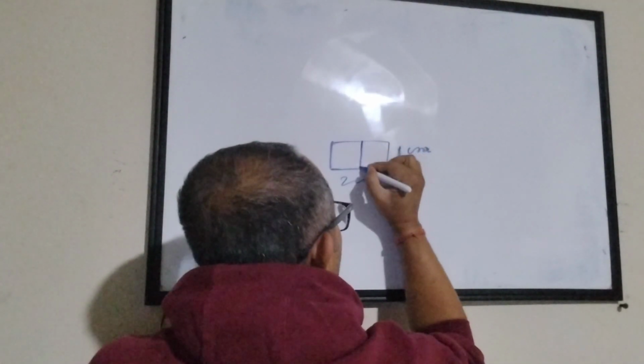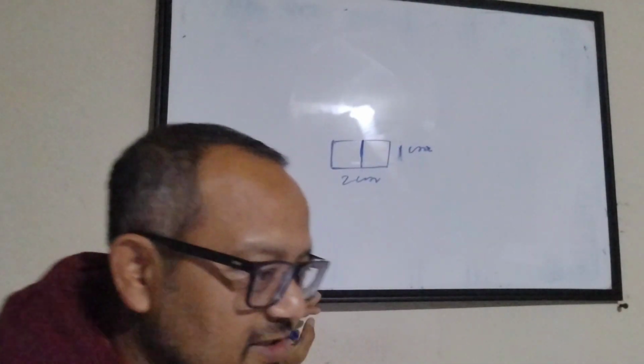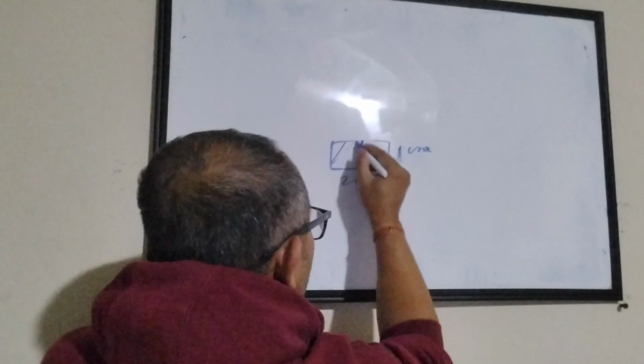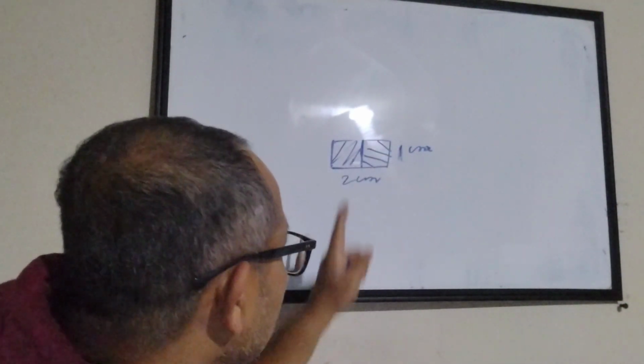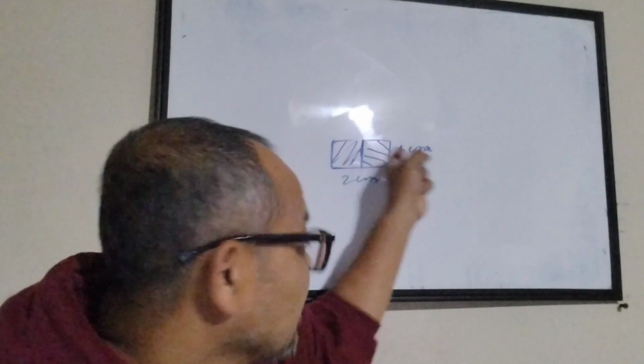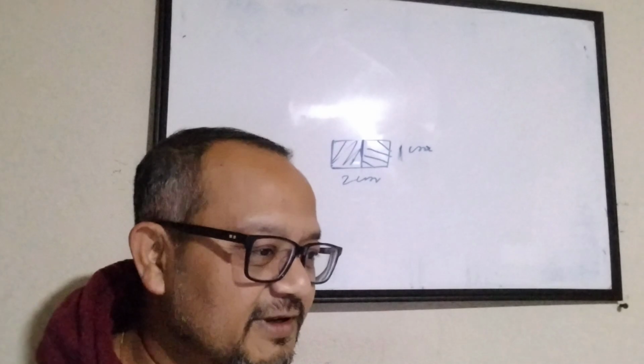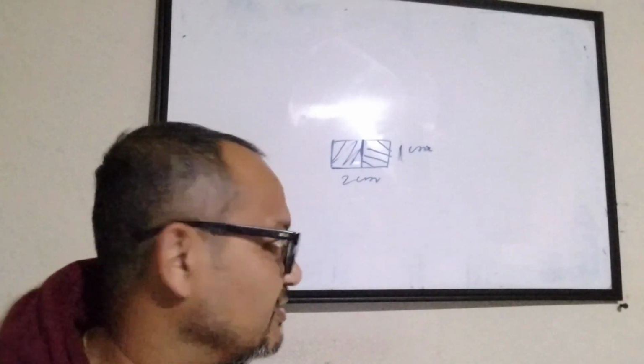Let me break this into two equal parts. Now what happens? This is one square and this is another square. Now again go back to my same theory. Now we have 2 centimeter squares.